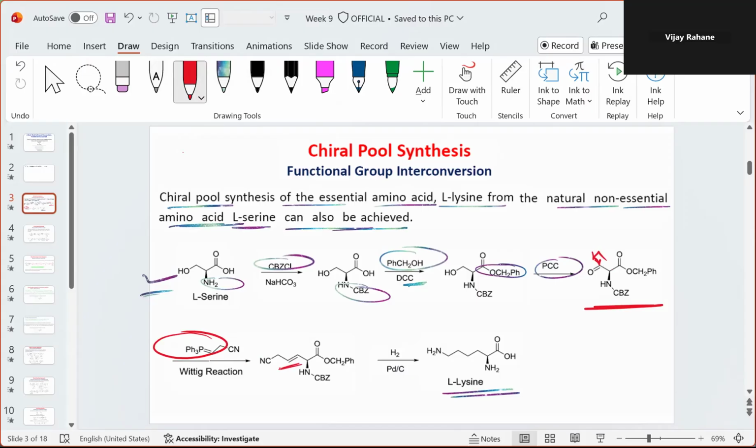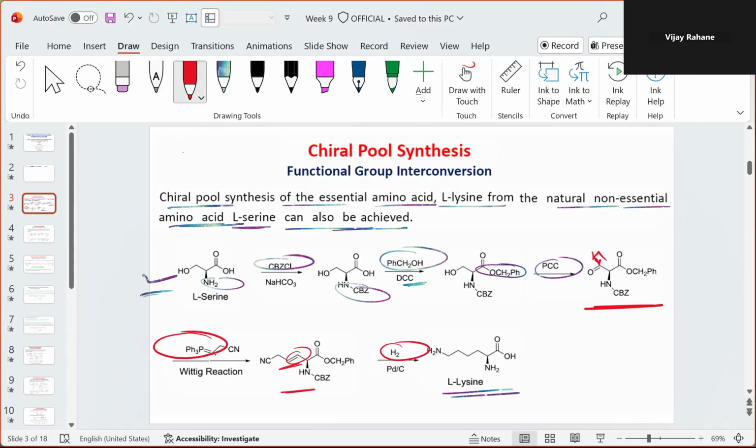Generally in the Wittig reaction, as we know, from the unstable ylide we get the E isomer. In this case also we got the E isomer, and whether it is the E isomer or Z isomer, at the end we need to reduce that olefin.